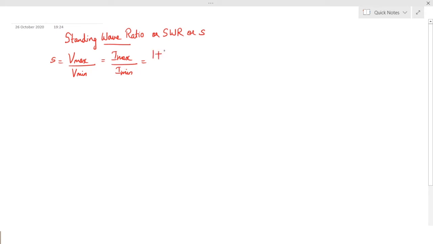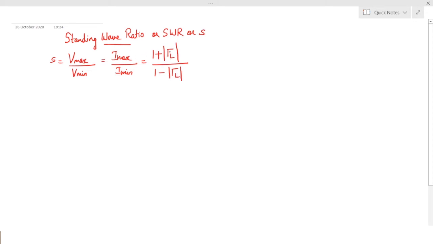The final equation is 1 plus modulus of reflection coefficient divided by 1 minus modulus of reflection coefficient. This equation is very important. It's the equation for standing wave ratio.